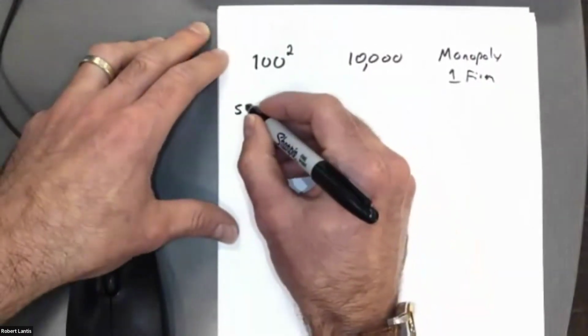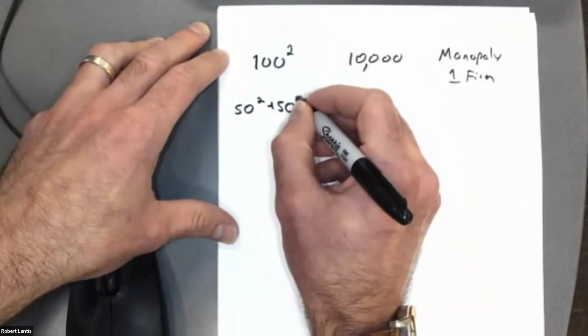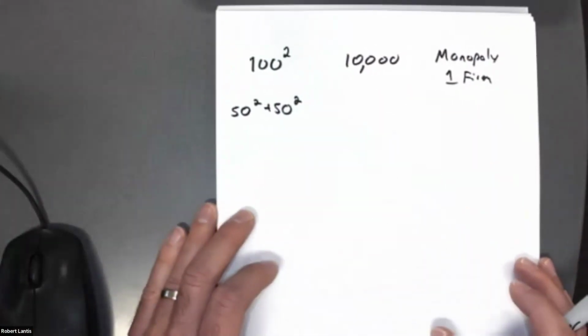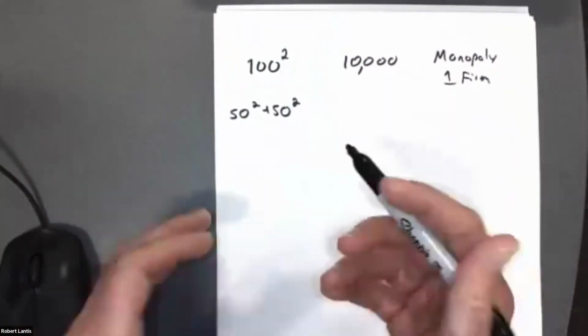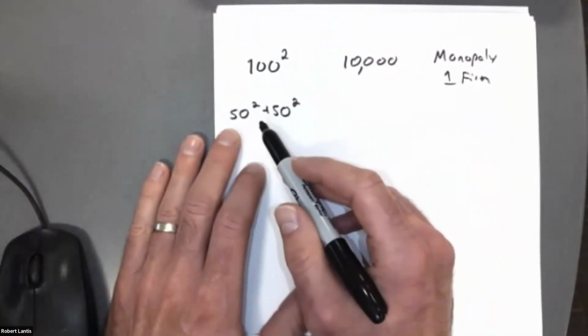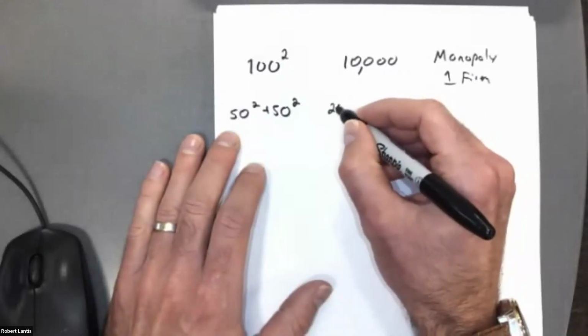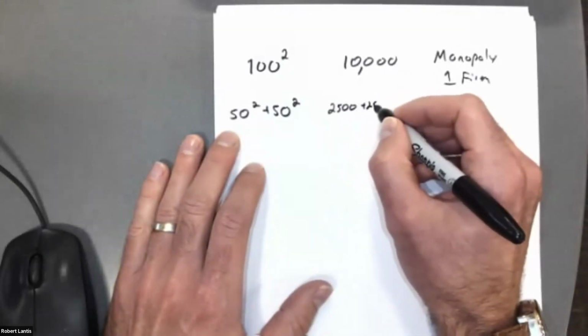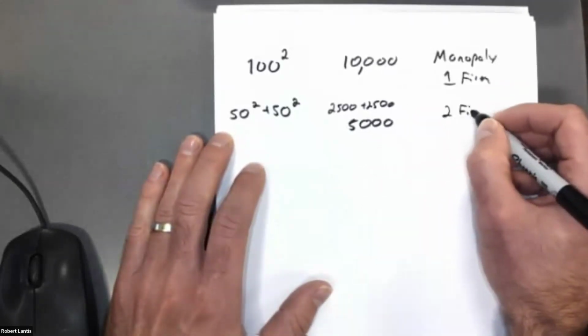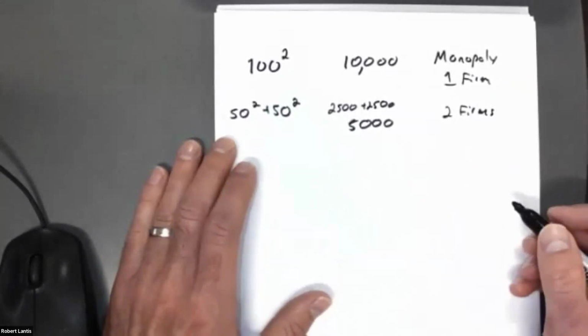Now, if I have 2 firms, and let's say they're splitting it evenly, because I'm squaring these values, the HHI is really going to penalize having a lot of market concentration in just one firm. So here, 50 squared plus 50 squared, I have what? 2,500 plus 2,500, or 5,000. So this was 2 firms splitting it evenly.